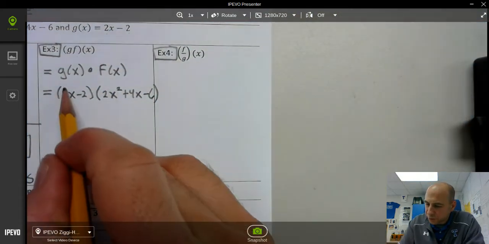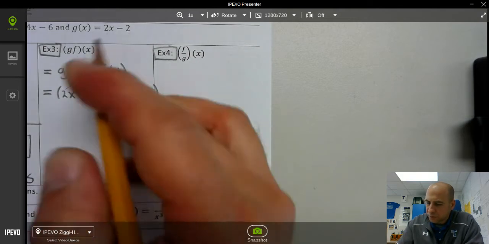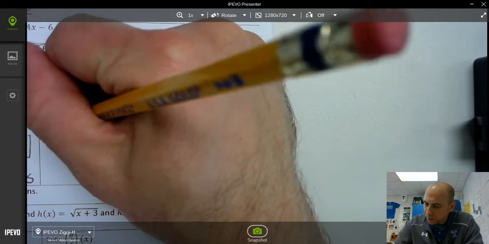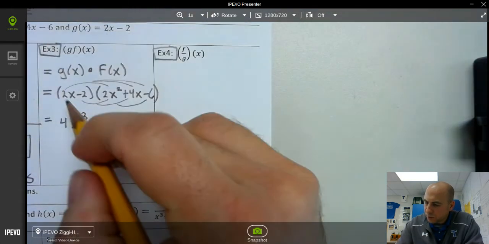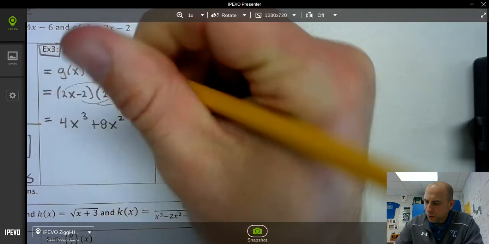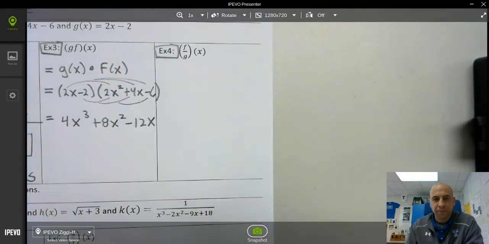We're going to multiply 2x by each of the terms and negative 2 by each of the terms. So you get 2x times 2x is 4x cubed. 2x times 4x is a positive 8x squared. 2x times negative 6 is a negative 12x.